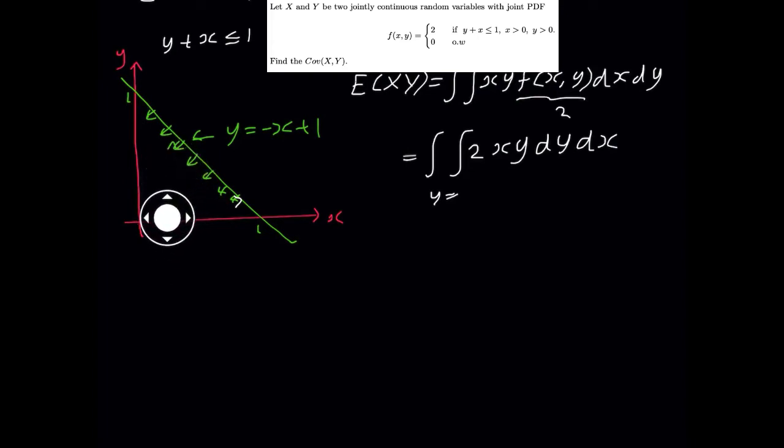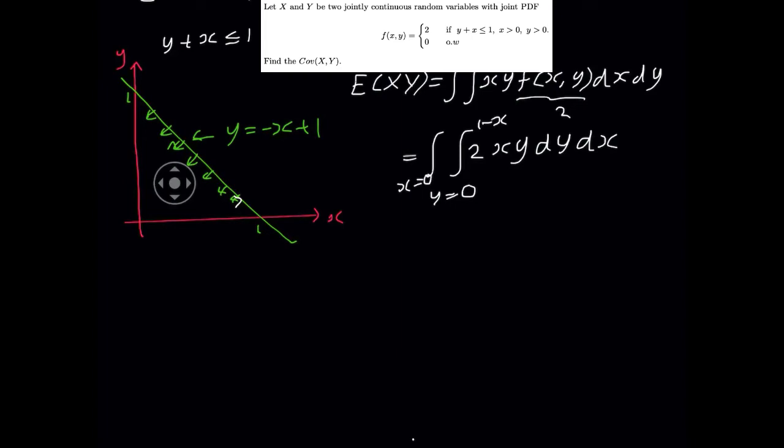Again we should consider this region. In this region, y changes from 0 to here. So it starts from 0 and the endpoint is on the line y equals negative x plus 1. Therefore, I can write the limits from 0 to 1 minus x, and x, as I explained before, has minimum value 0 and maximum value 1. Once you integrate this, you will get 1/12.